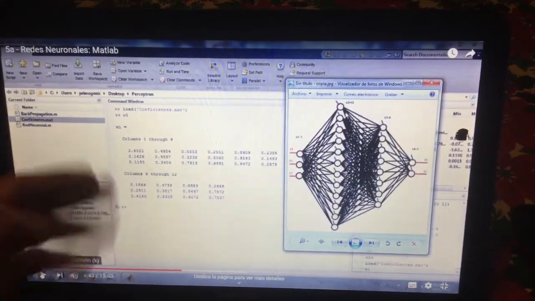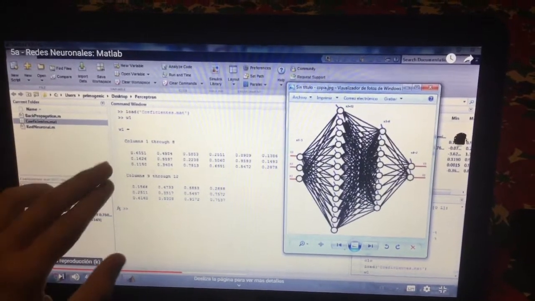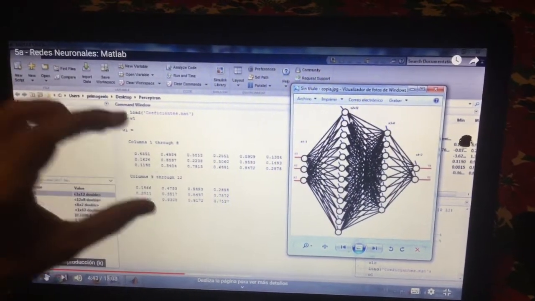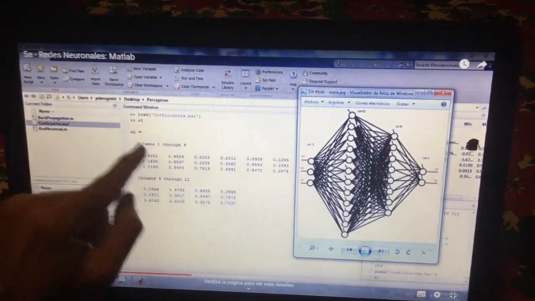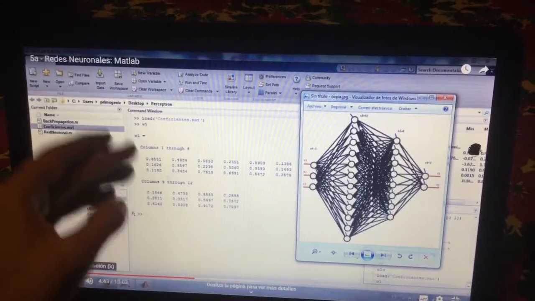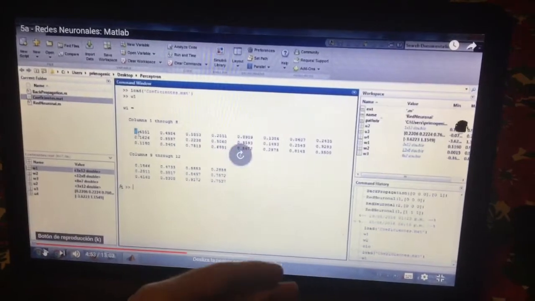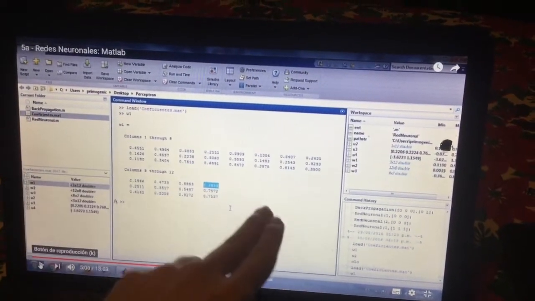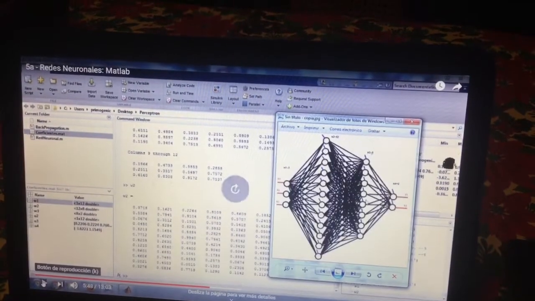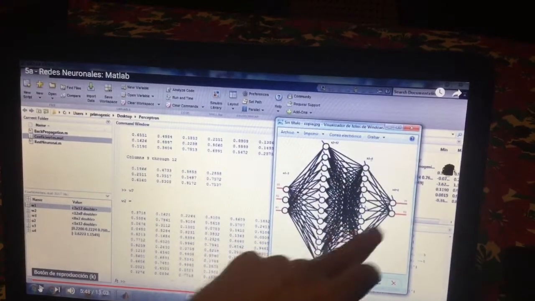So this is the answer, the result of this matrix, 3 times 12, from 1 to 8, and then from 9 to 12. If the first one is 3 times 12, the second matrix, like I'm showing right here, would be 12 times 8.